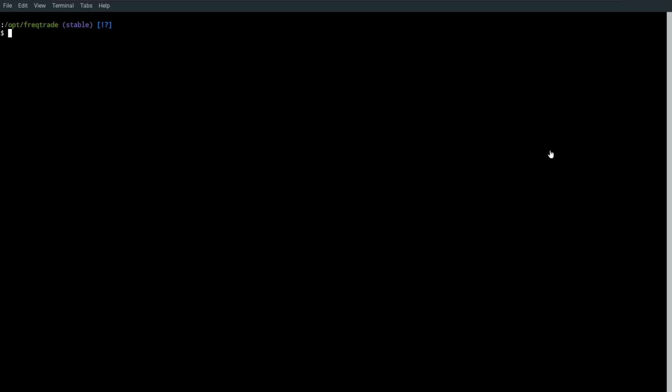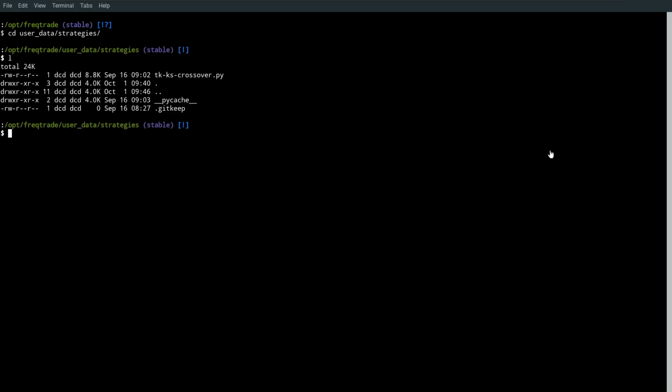And at this moment, I think I'm ready to code all this stuff into one single section. So, what I will do first is create a copy of the Tenkan-sen Kijun-sen crossover file, and I will rename this copy to Kumo Breakout.py.